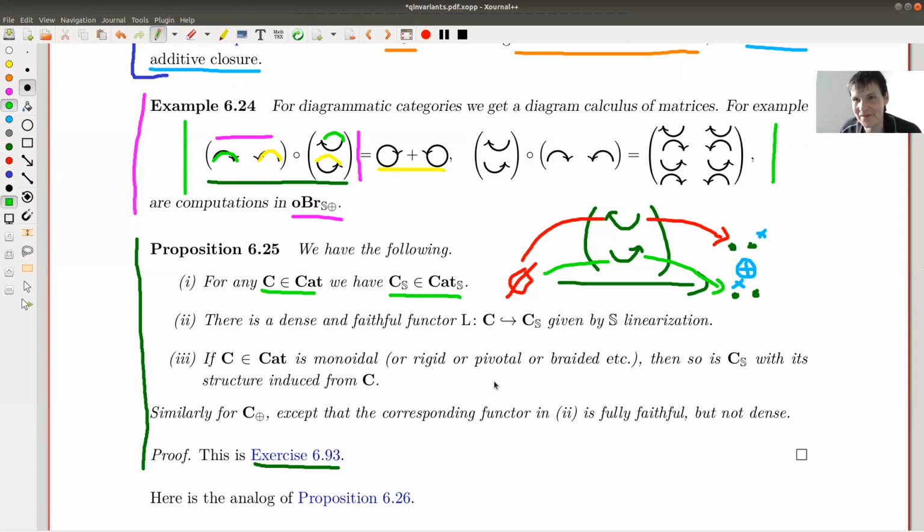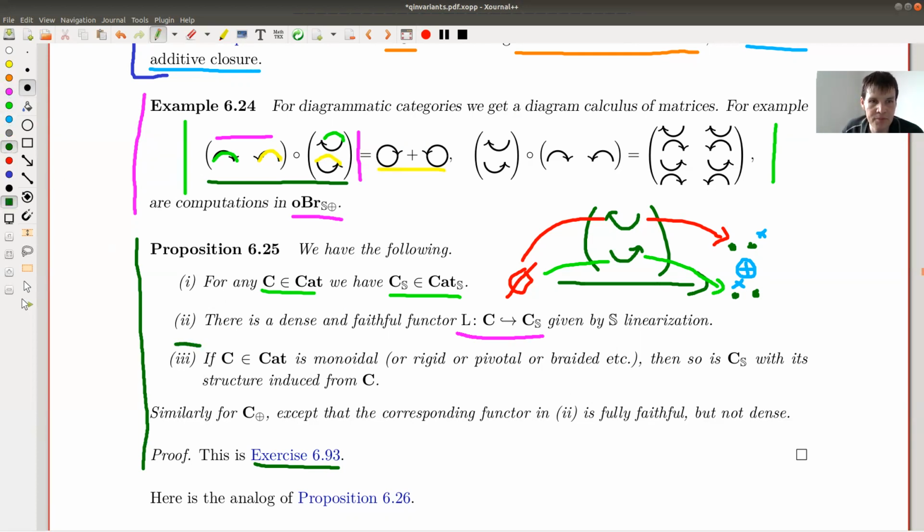Very exciting. Sure. You can always embed a category in its linear closure, its linear extension, so you don't lose any information.